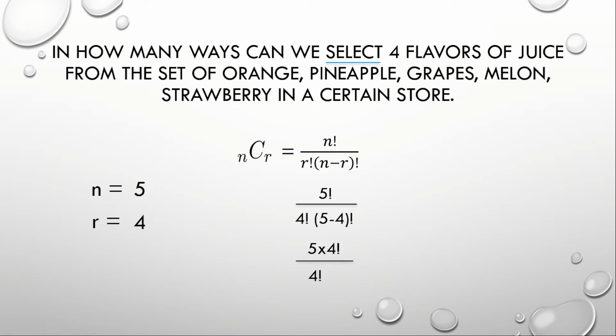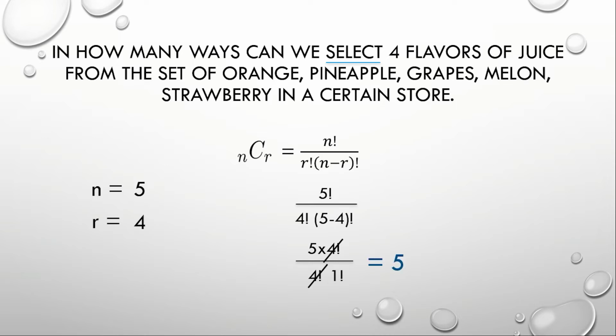Divided by 4 factorial times 5 minus 4, which is 1 factorial. By cancellation, we cancel 4 factorial in the numerator and the denominator. So 5 divided by 1 is equal to 5.